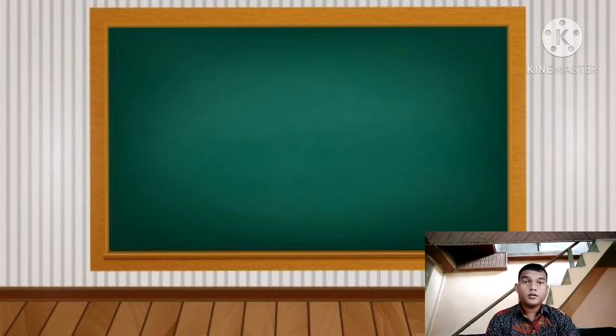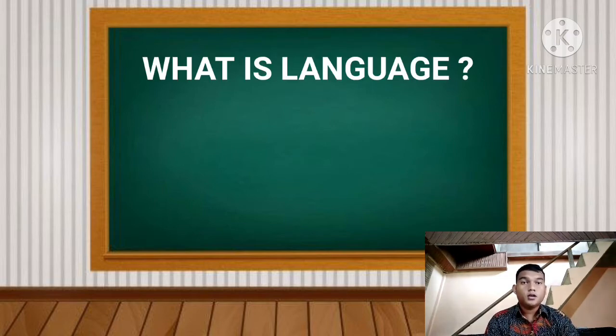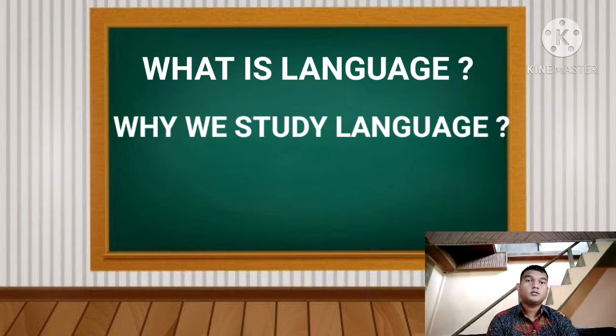First, what is language, and why do we study language? Language is a means of communication. Language has form, meaning, and correspondence. The function of language is to exchange information.